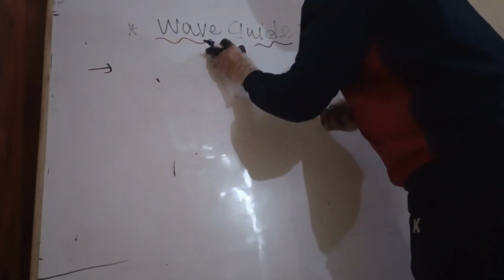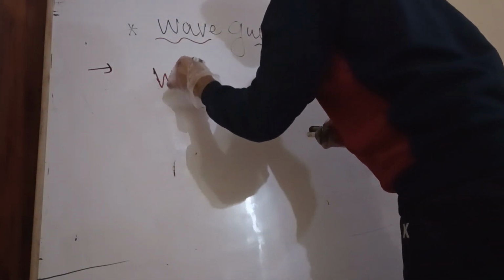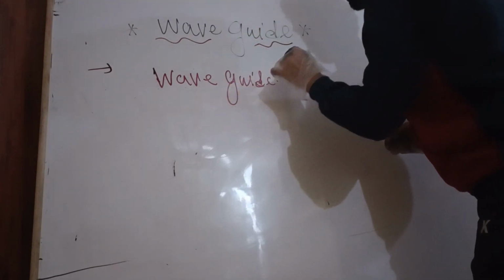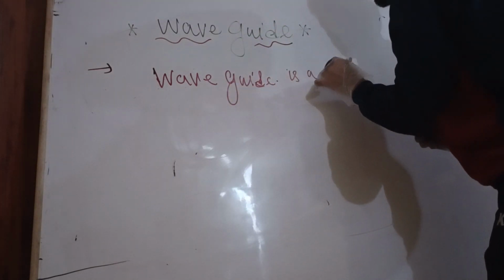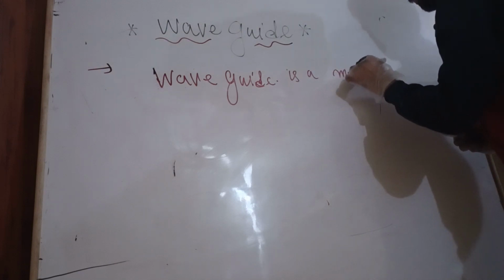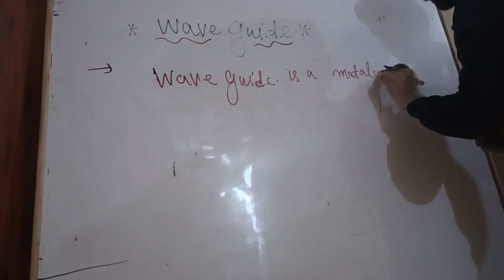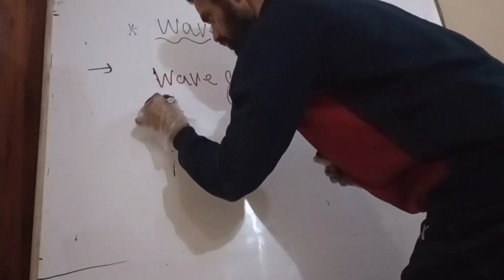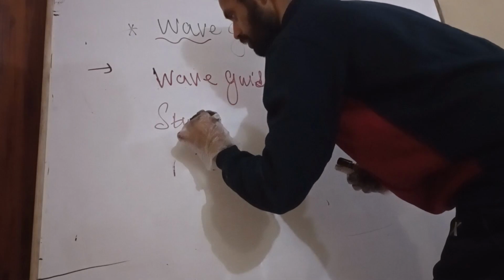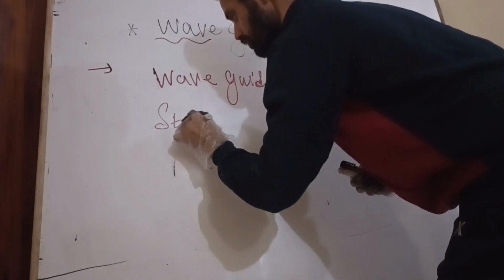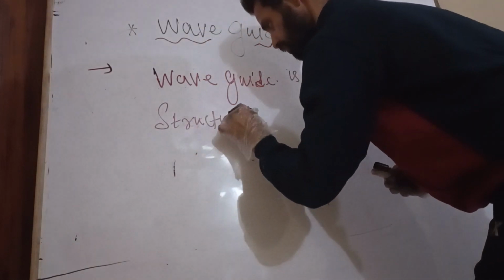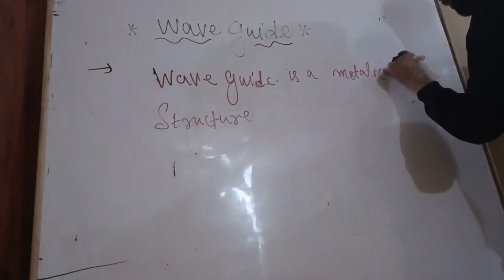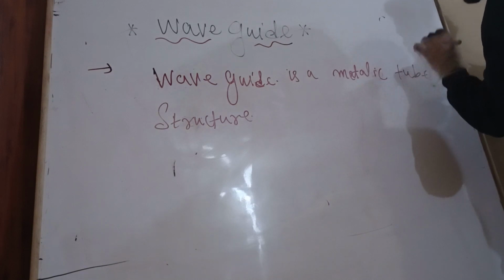A waveguide is a metallic tube structure.